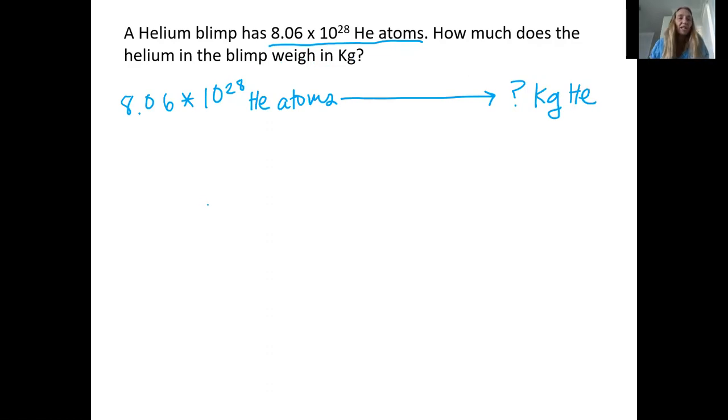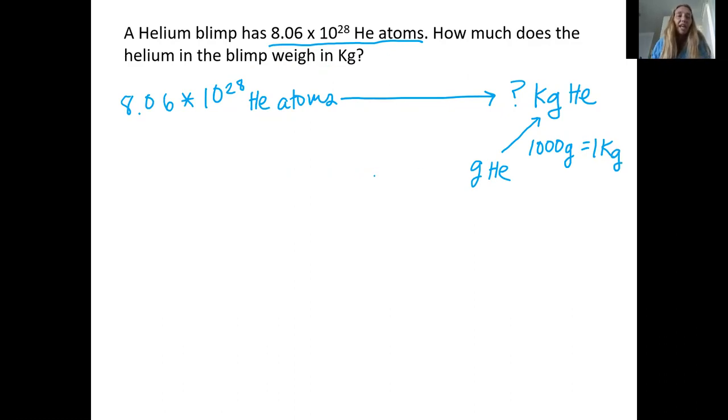Right, so I have to kind of think through this a little bit and figure out how to get from atoms to kilograms. And anytime I see kilograms, I automatically kind of think, okay, I probably need to go to grams of helium. Okay, and I know that 1,000 grams equals 1 kilogram of whatever substance I'm talking about.